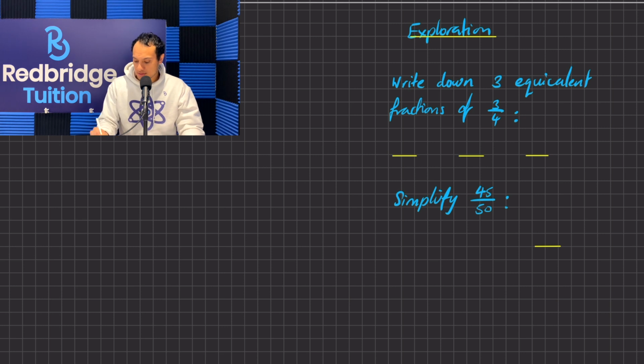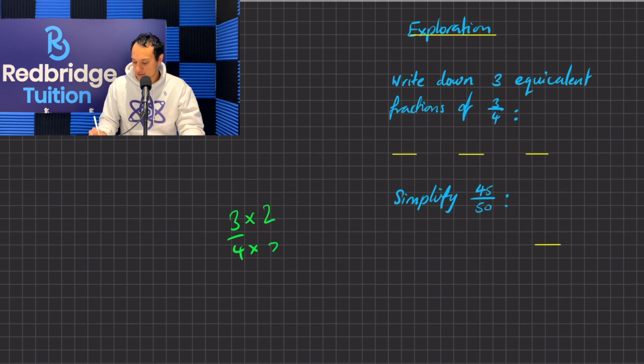So if I want to write 3/4 as an equivalent fraction, all I need to do is multiply both the numerator and denominator by any number. So I could times this by 2 and this by 2. And if I times 3 by 2, I get 6. If I times 4 by 2, I get 8.